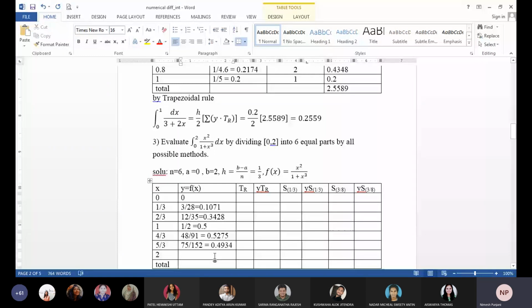And last will be 4 upon 9. Right? Just take out, these are the values of y which you get.